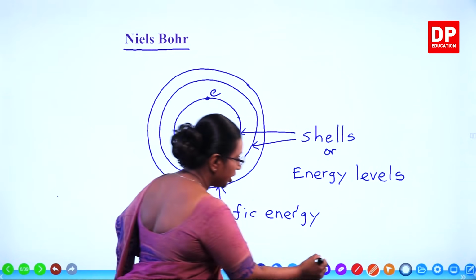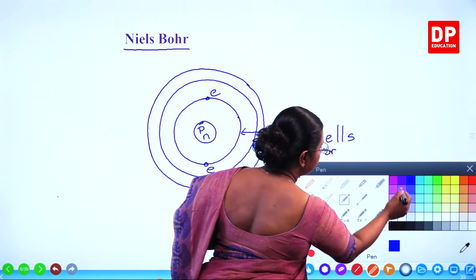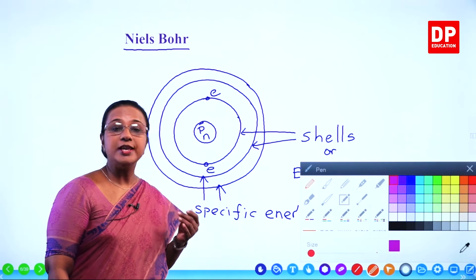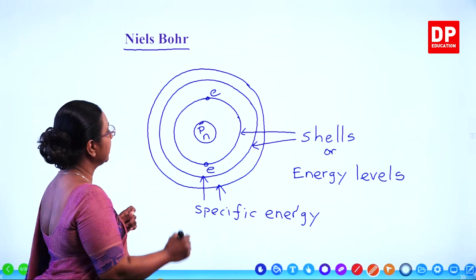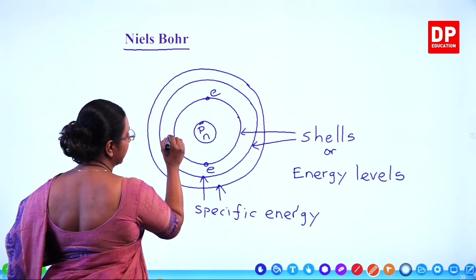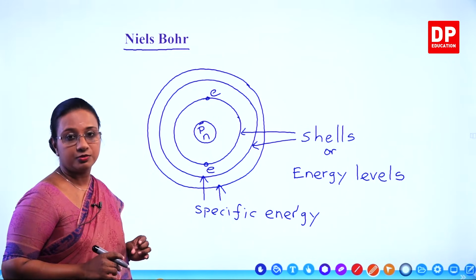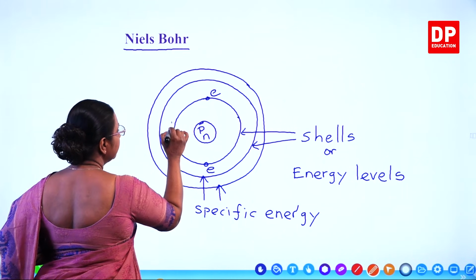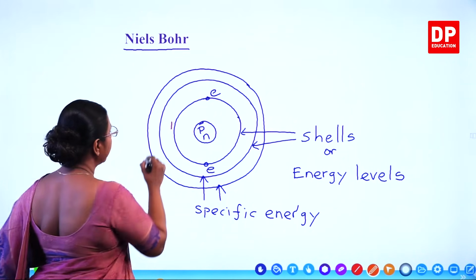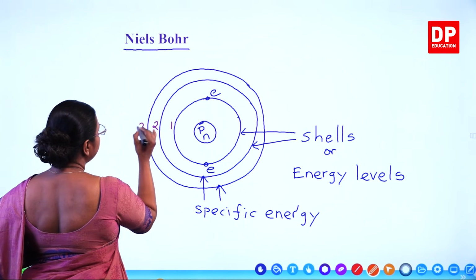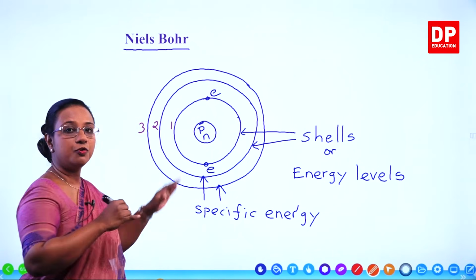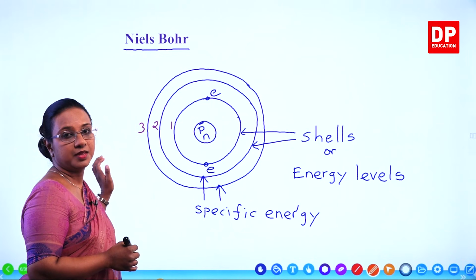And these shells are given different names or numbers. We number them starting from the shell closest to the nucleus. So, the first one closest to the nucleus is 1, 2, 3, and if there is another shell, 4, 5 and so on.